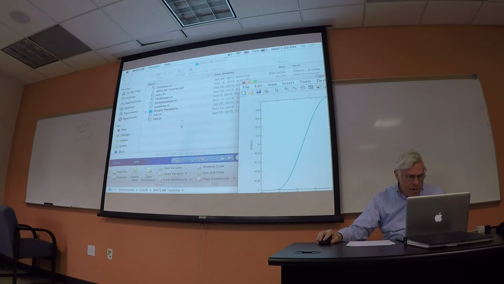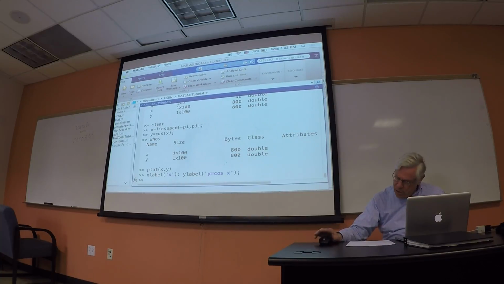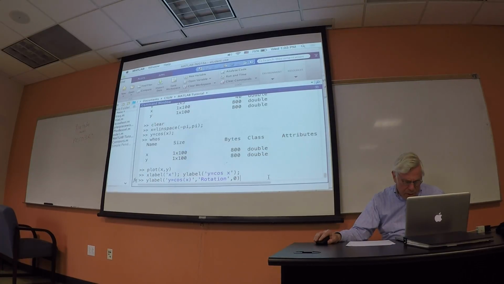The way I do that is I do the ylabel again. Now I'm going to put rotation 0. So I do ylabel y equals cos x rotation 0. Before, I just did ylabel y equals cos x.